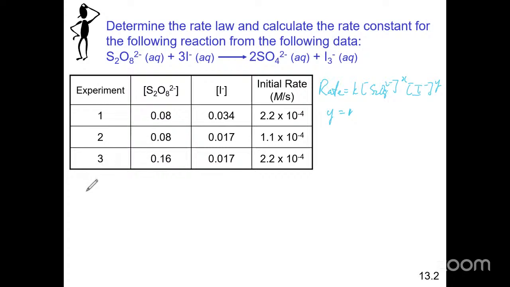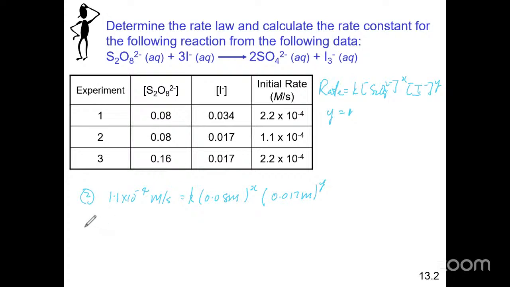So for 2, what am I going to write down here? For experiment 2, 1.1 times 10 to the minus 4 M per second equals what? Okay. So K times 0.08 M raised to the x times 0.017 M raised to the y.